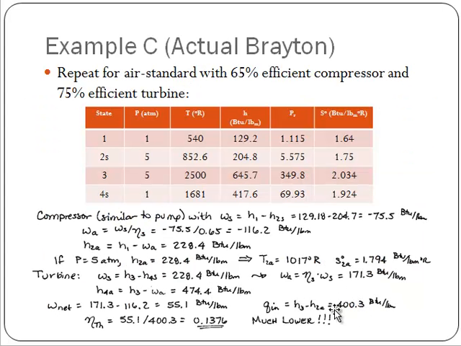Okay. Yes, it's requiring a little bit less heat transfer, but it's producing a lot less work. My efficiency is less than half of what it was originally. So process efficiencies can really make a difference in any process, of course, but the Brayton cycle does seem to be a little bit more sensitive to that.